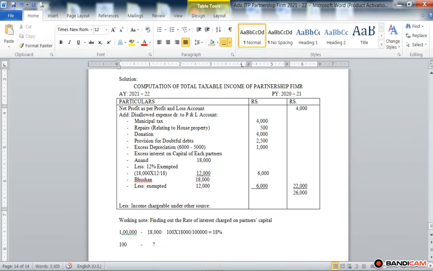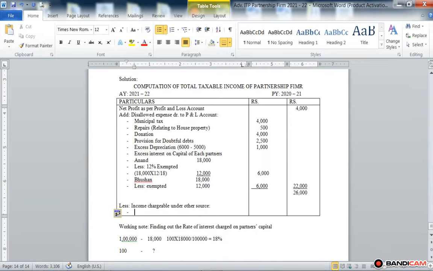So the other source income is deducted from net profit, one by one. Rent from house property.